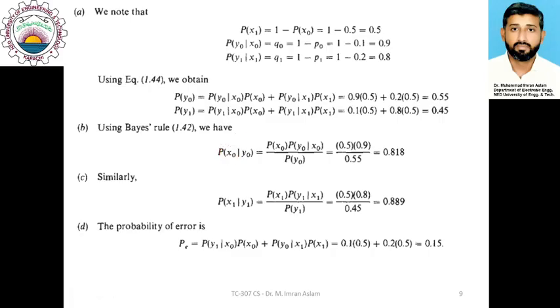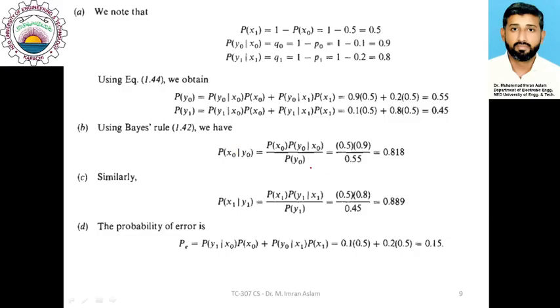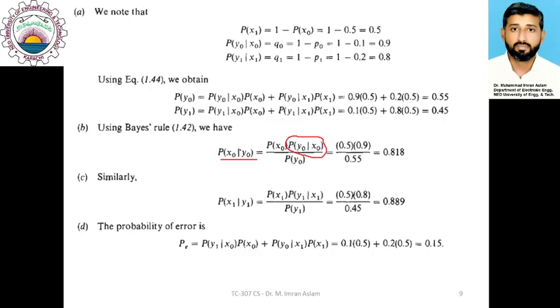You can easily see that p(x0 given y0) is not defined previously, but we have previously defined p(y0 given x0), which is given as q0 here. So this is known, but now we want the reversed conditional probability, and whenever such cases arise, we have previously discussed that we have to use Bayes' theorem.